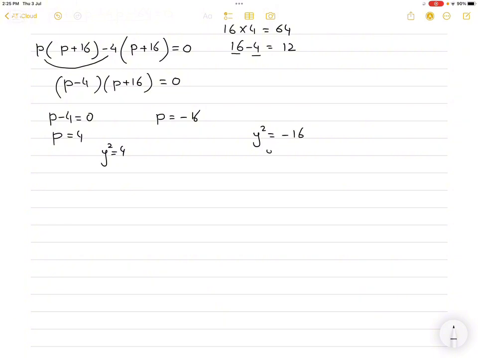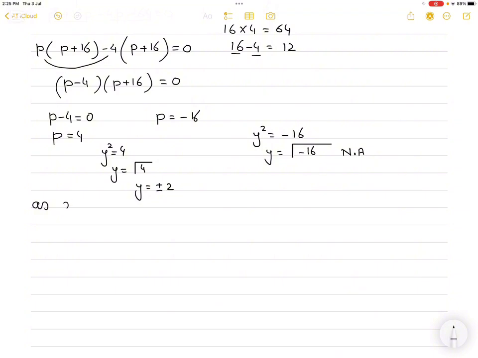If you remove the square of y from here, negative 16 will be under a square root, which is not applicable, as it again becomes a complex number. So come to this part. y equals square root of 4, which is y equals plus minus 2. Now one by one we can find the value of x.